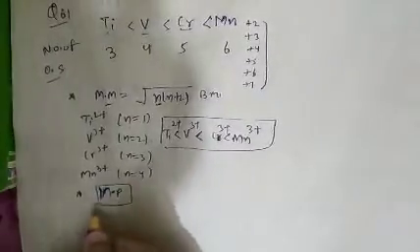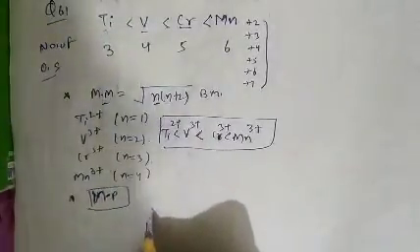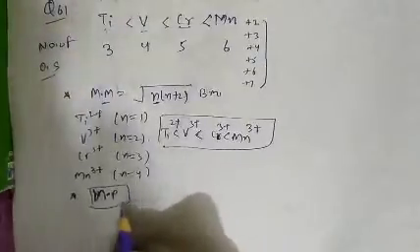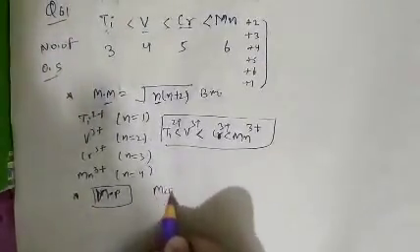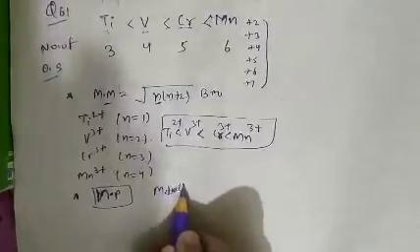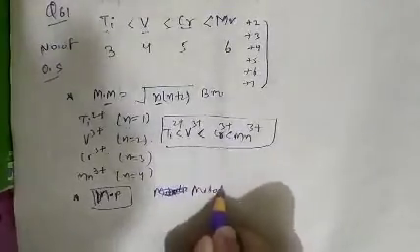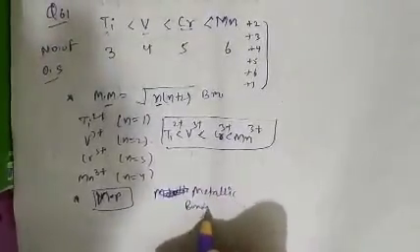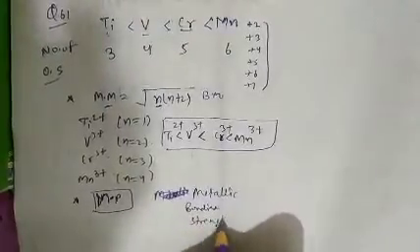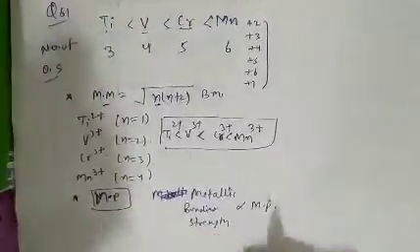Melting point order is based on the strength of metallic bonding. So the more the strength of metallic bonding, the higher the melting point; metallic bonding strength is proportional to melting point.